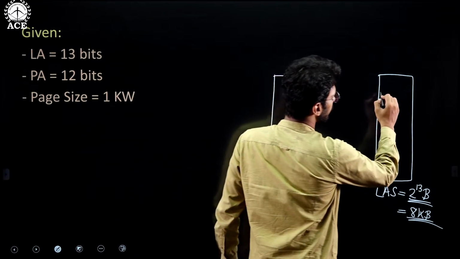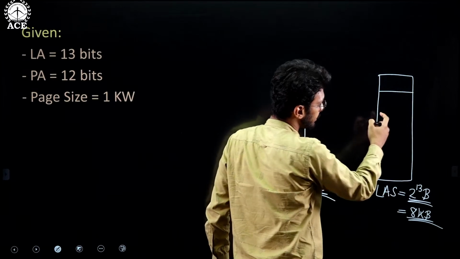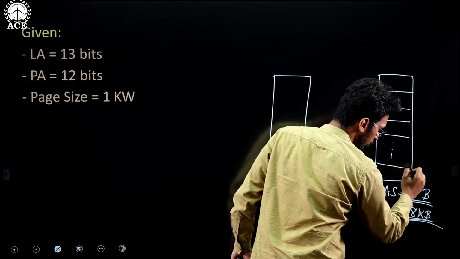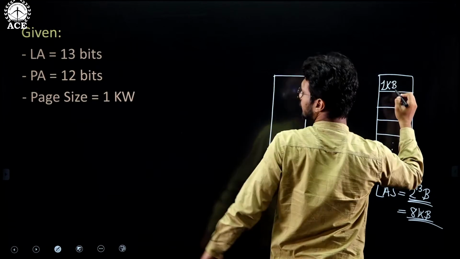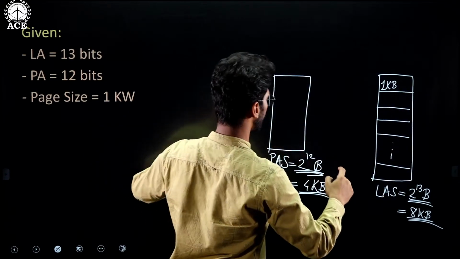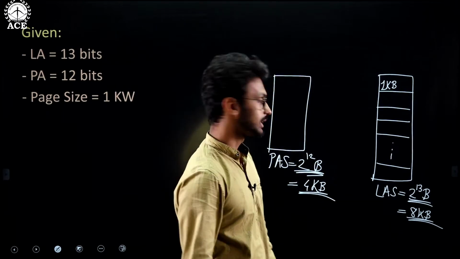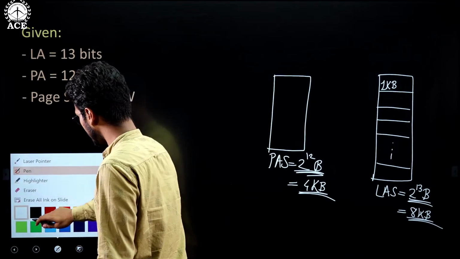Logical address space is divided into pages. Page size is what? 1 kilobyte? What is mentioned? 1 kilo word. Okay, word is mentioned, so let us consider everything as word. Let me erase this.